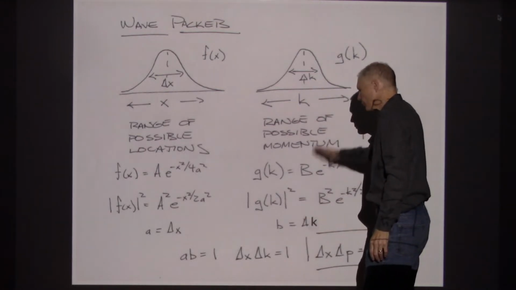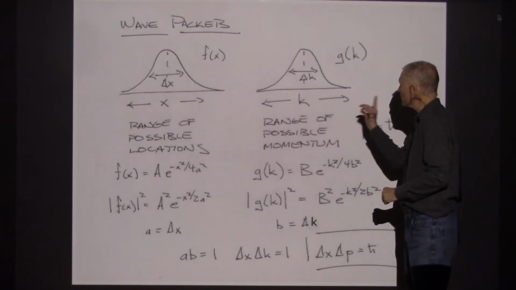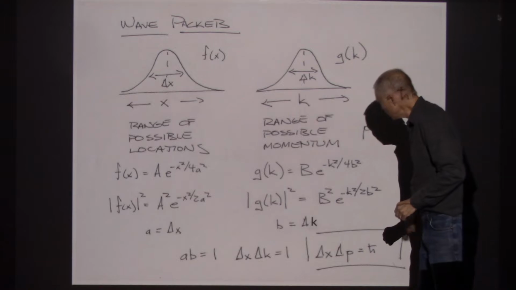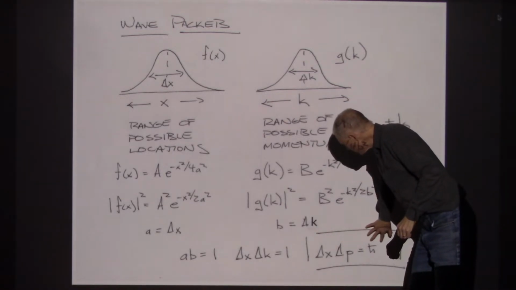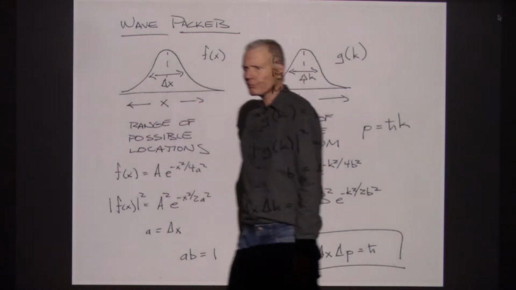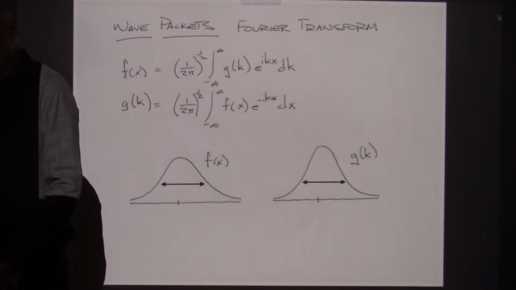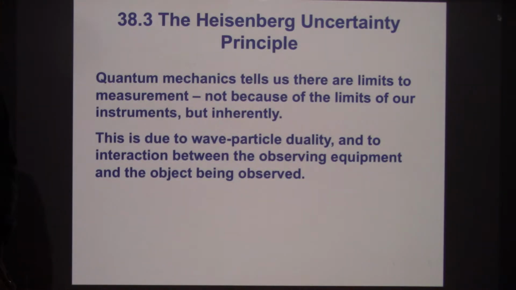Now there's a bunch of math here that I'm not so interested in, but what we can show is that these two properties are related in a way where delta x times delta p is equal to h bar. Some of you may have even seen this. This is referred to as the Heisenberg uncertainty principle.